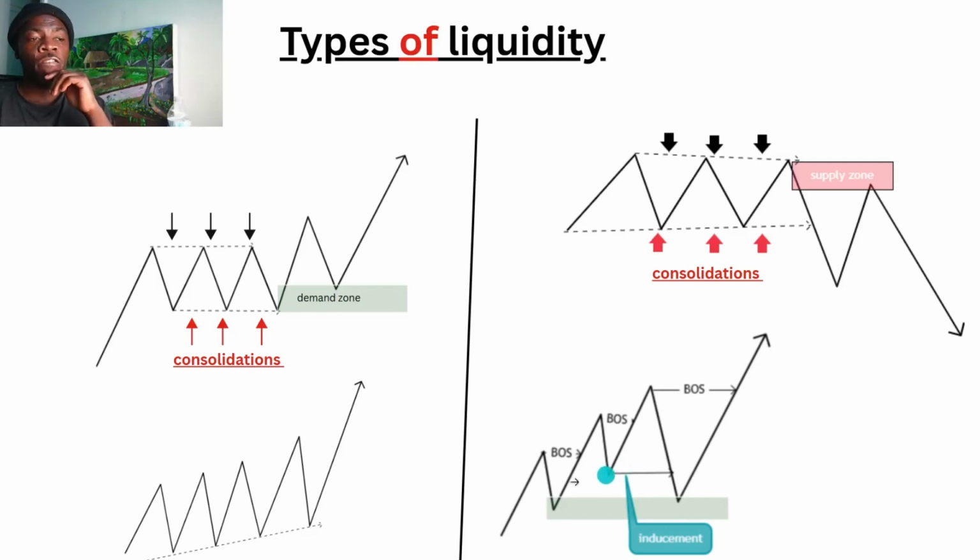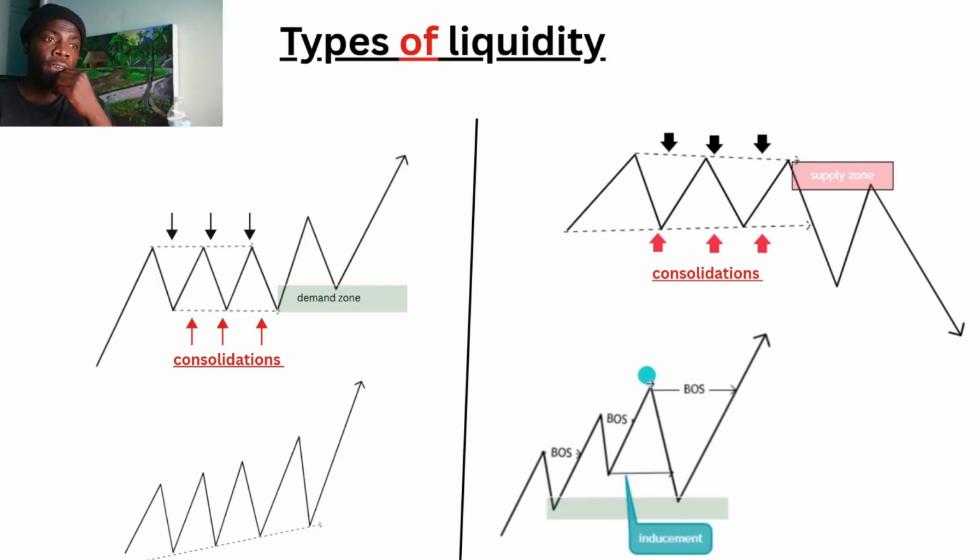So this is just a failed mitigation. This is what I call it. I call inducement failed mitigation, and it's pretty much more of a trap. So a bunch of traders, because price broke structure after it came here, there might be some type of demand zone right here. But the main thing is that we have this demand zone right here, which was not actually mitigated.